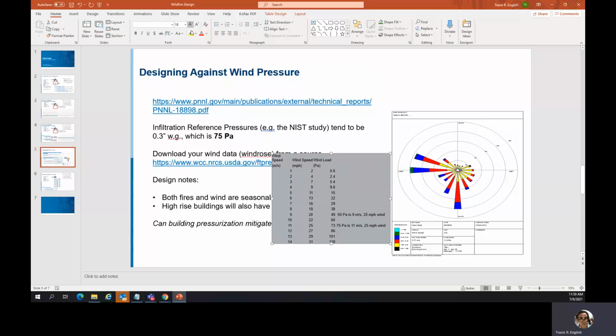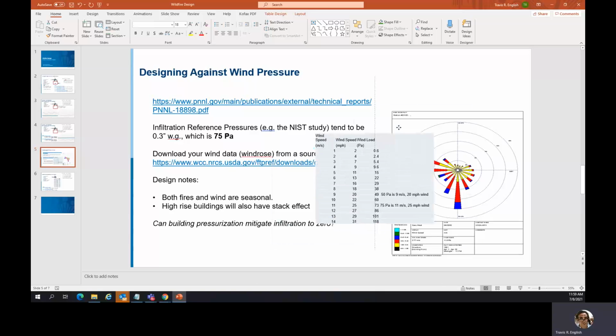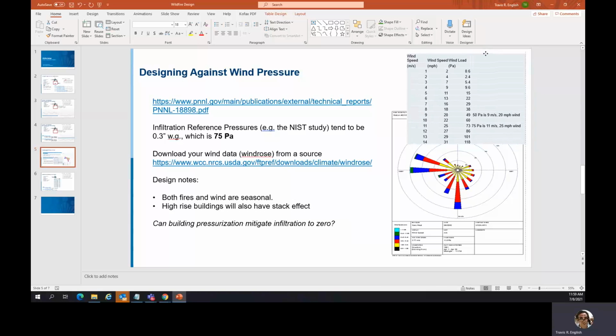It turns out to be about a 25-mile-an-hour gale. 50 Pascals is more like a 20-mile-per-hour gale. I don't know whether or not that's an appropriate design condition. I've never done design for wind effect like this, and so I think that's something that we should definitely address if we want to talk about pressurization.